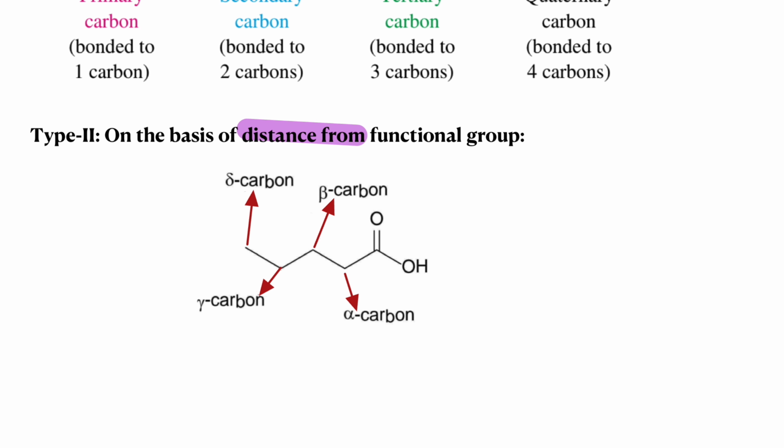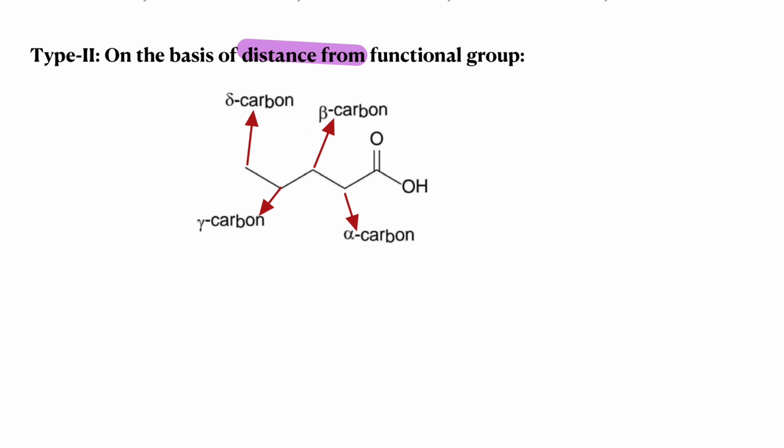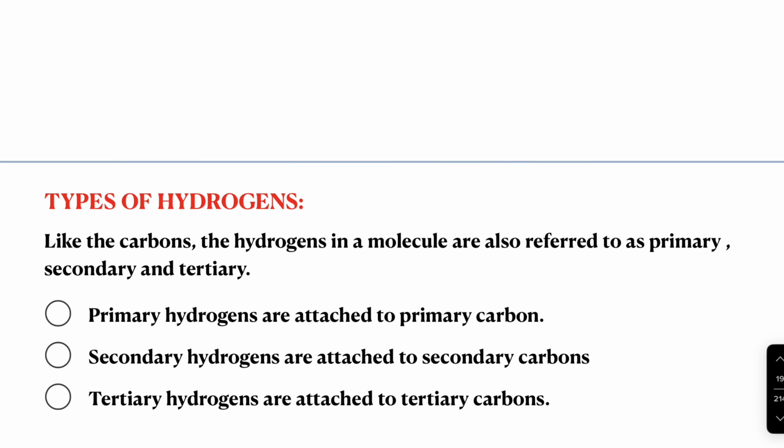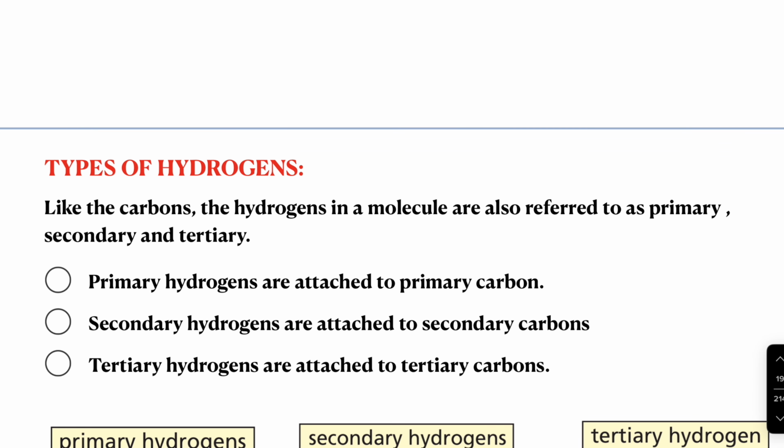Similarly, we also classify hydrogens. Hydrogens are classified into three types: primary, secondary and tertiary. Quaternary hydrogen does not exist. You can also think about why quaternary hydrogen does not exist.